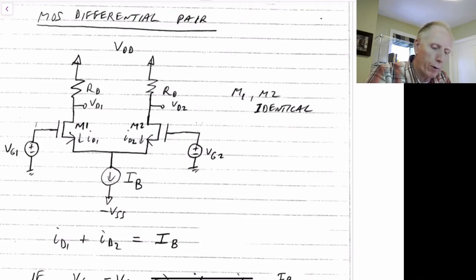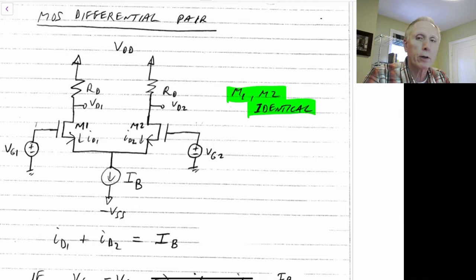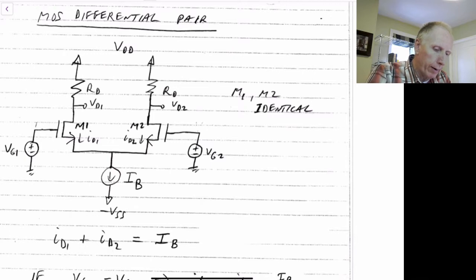As I mentioned before, M1 and M2 are considered to be identical, so that they are matched. They will have the same threshold, same μn Cox, same width over length. And we have a negative power supply here, -VSS, and a positive power supply here, VDD.